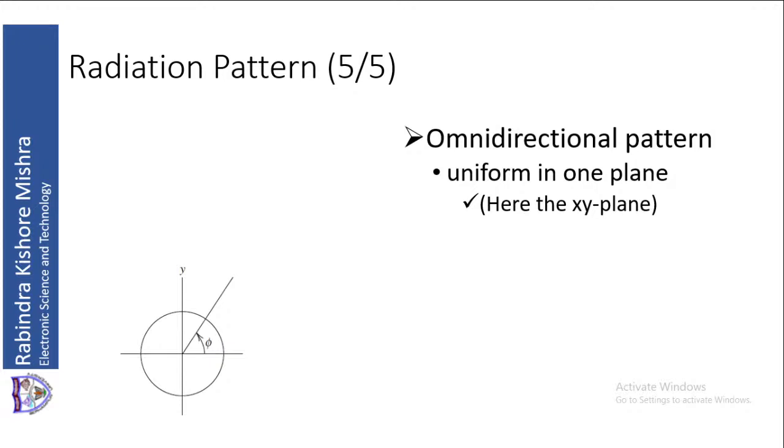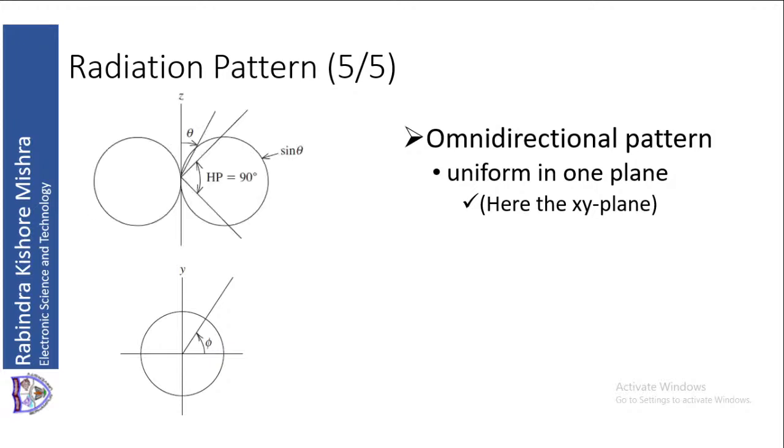For a dipole antenna, the top figure shows you the pattern of an antenna. There are two lobes. Each lobe is like an omnidirectional beam. But if you combine these two lobes, that gives you a figure of 8, which is tilted by 90 degrees.